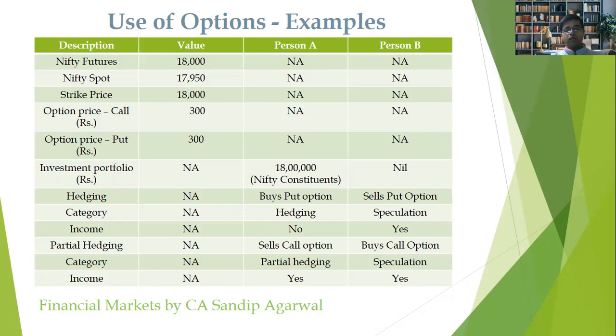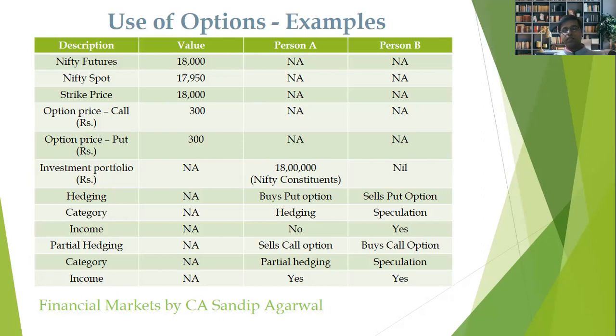Now we refer to column 2 and column 3, where we have specified person A and person B. Now just see, person A's investment portfolio is 18 lakh rupees. In the bracket, I have written Nifty constituents. So basically, the Nifty 50 is an index. It constitutes 50 companies whose equity shares are traded in the market.